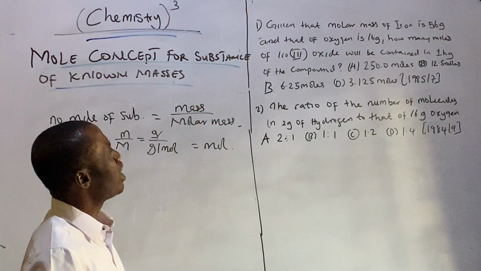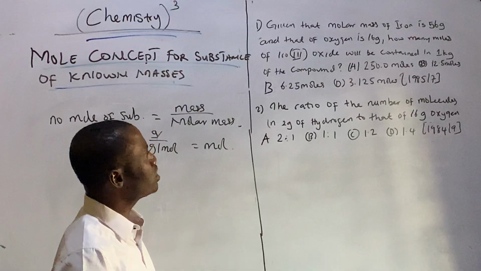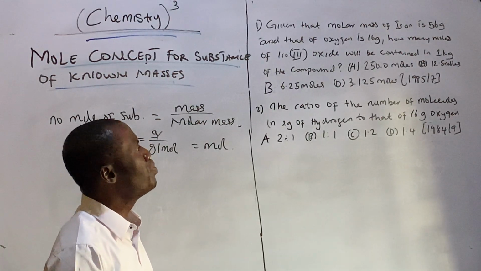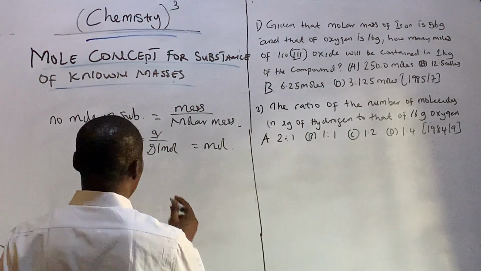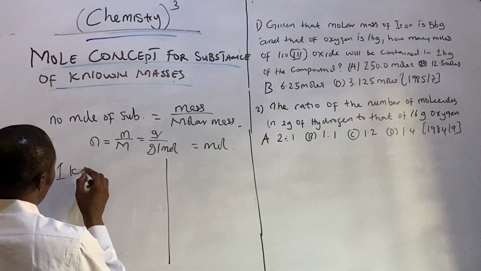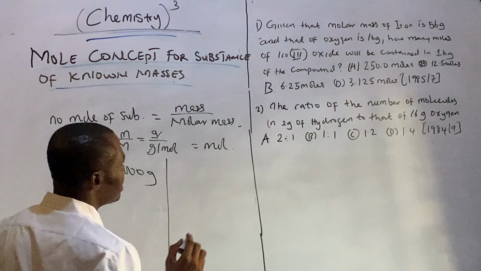Given that the molar mass of iron is 56 gram and that of oxygen is 16 gram, how many mole of iron 3 oxide will be contained in 1 kilogram of the compound? You need to understand that 1 kilogram is equivalent to 1,000 gram. All right, let's start from there.